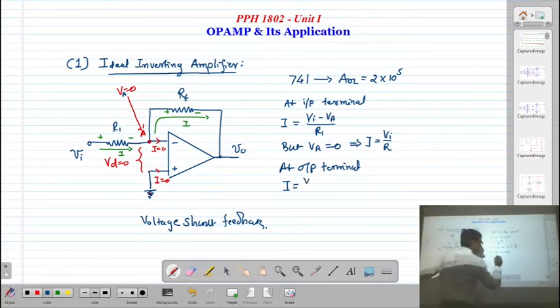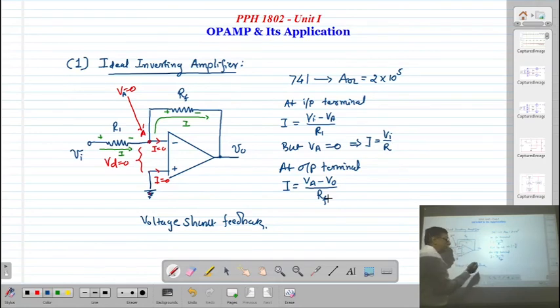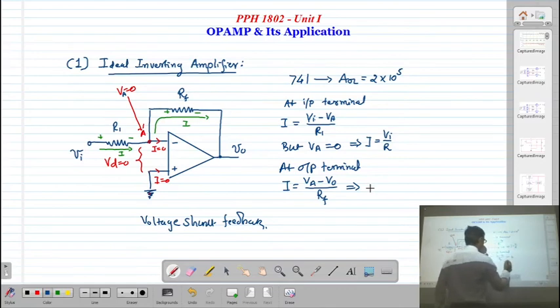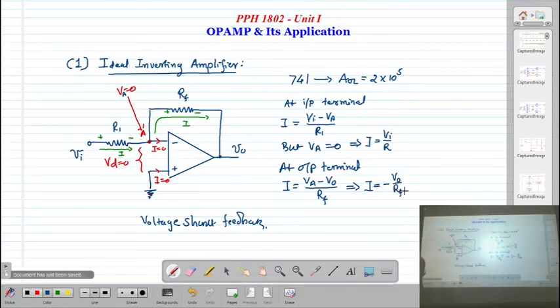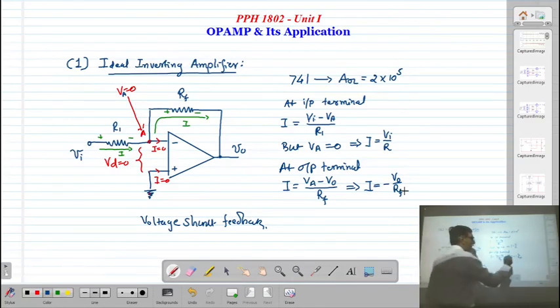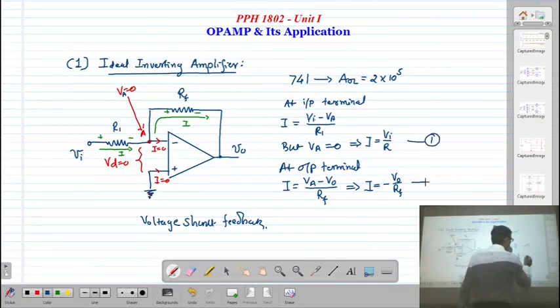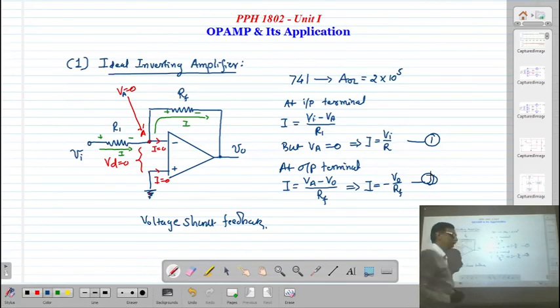So we can write I is equal to VA minus VO divided by the resistance RF. But what is the potential of VA? It is 0. So the current I is equal to minus VO by RF. You can call this equation number 1 and this equation number 2.